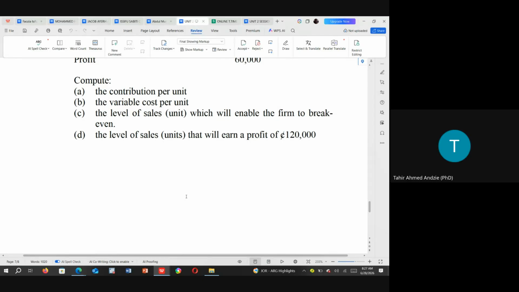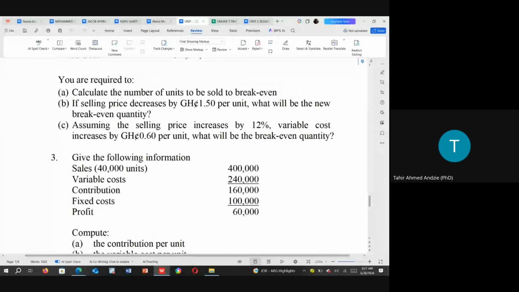Right? Okay. If you look at this question very carefully, look at the statement here. Have you seen? We have a profit of 60,000 here.